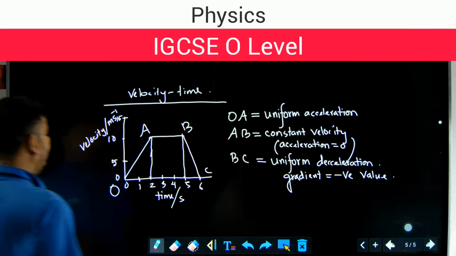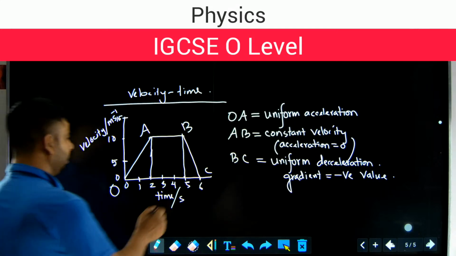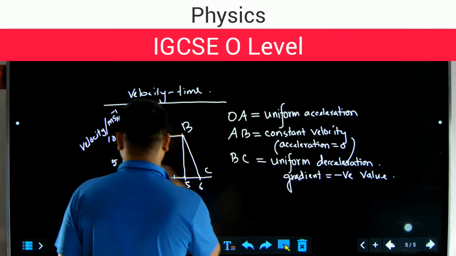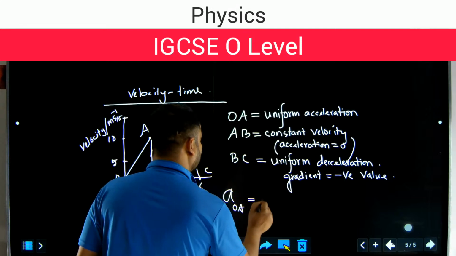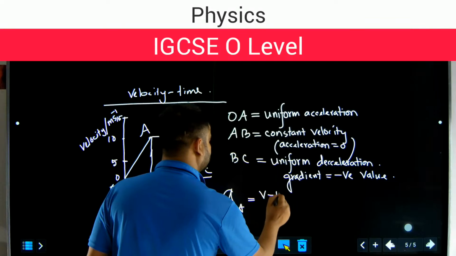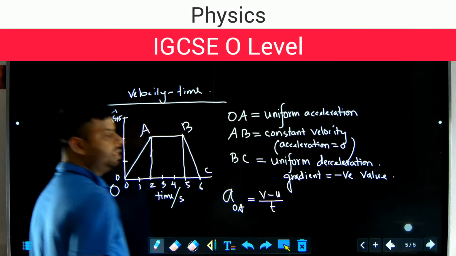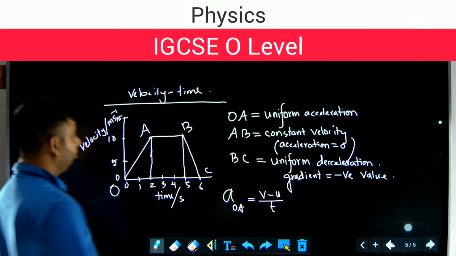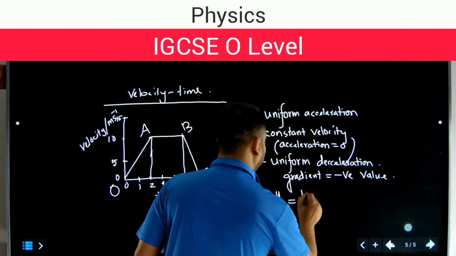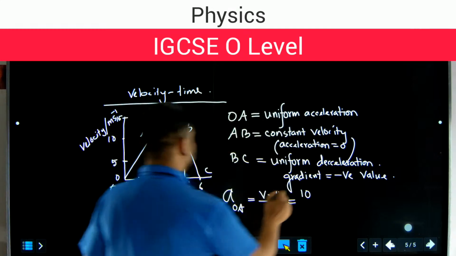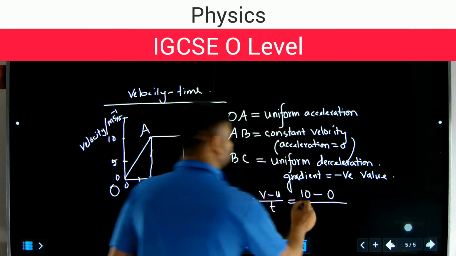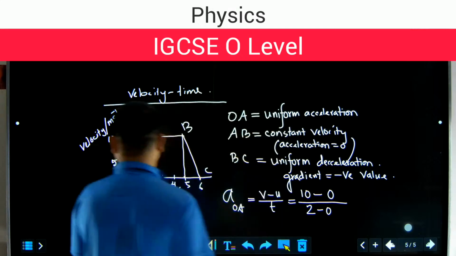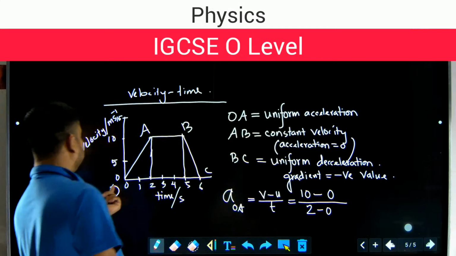Now, how can we calculate acceleration for the OA part? We know acceleration equals final velocity minus initial velocity divided by time. Here the final velocity is 10 meter per second and the initial velocity is 0, divided by time 2 minus 0, since the final time is 2 and the initial time is 0.